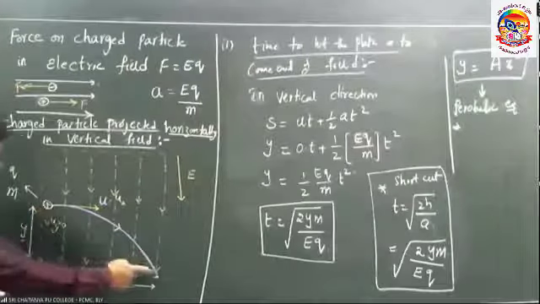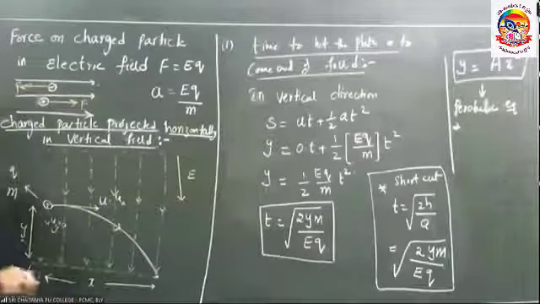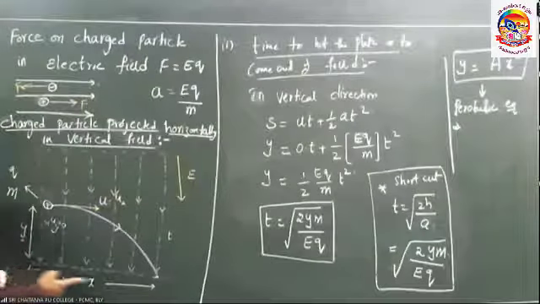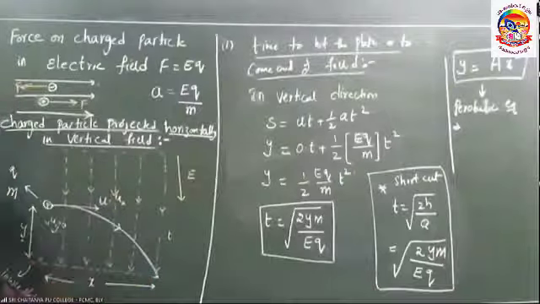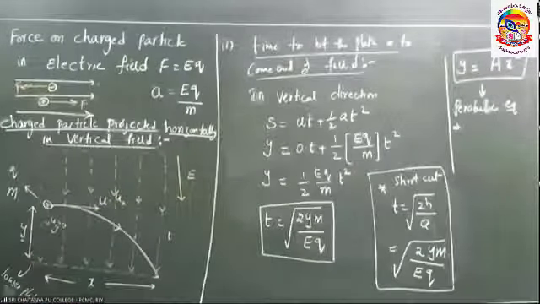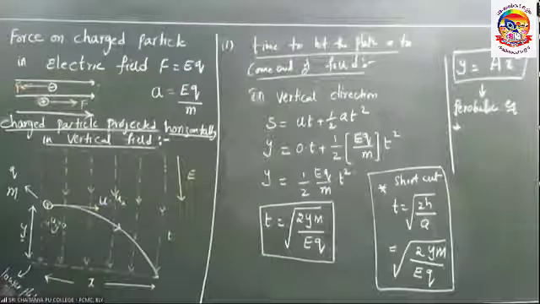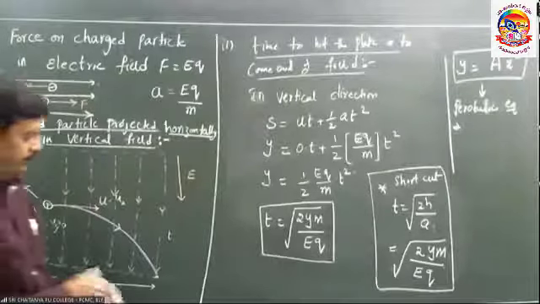To come from here to here, it took time t. In that time t, what is this horizontal displacement? x. So you can call this x as range sometimes in the problems. How much is this range? x, the horizontal displacement during time of flight, or range.